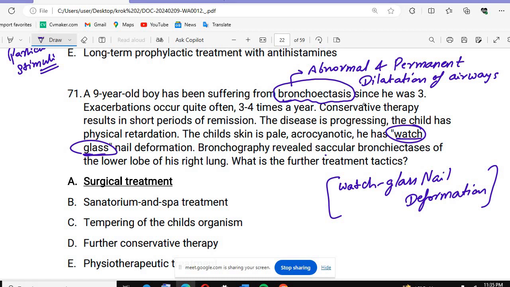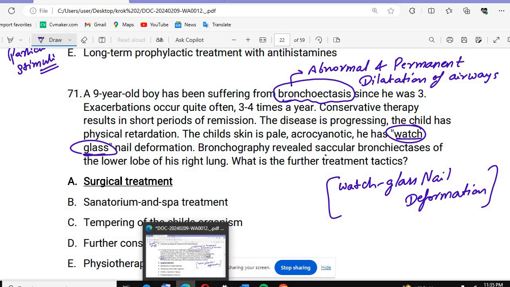The causes of bronchiectasis we discussed: cystic fibrosis, Young syndrome. Young syndrome, I think that is not important for you, but remember this is some problem in the airways.